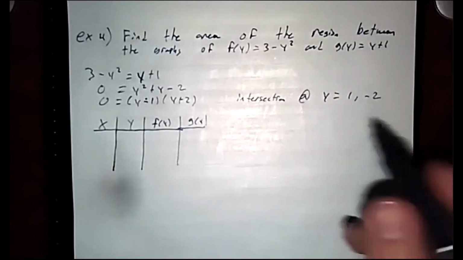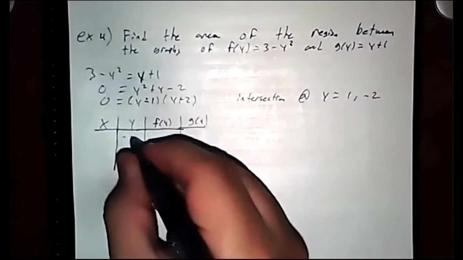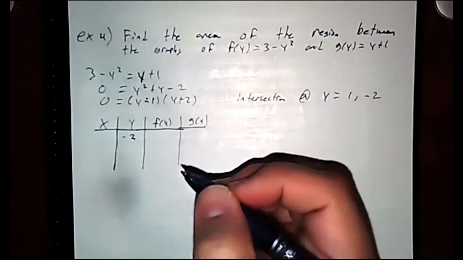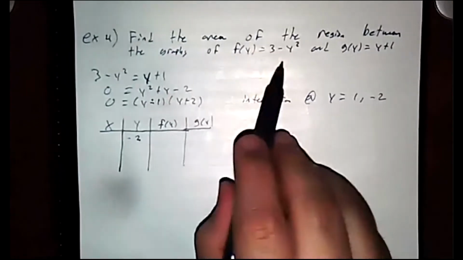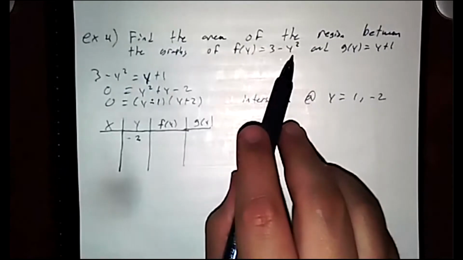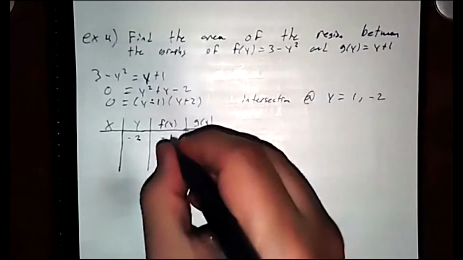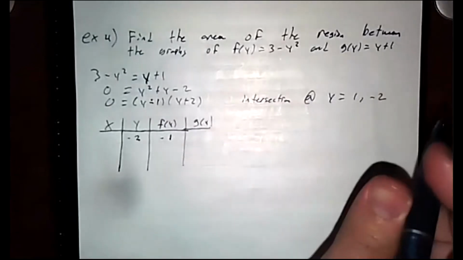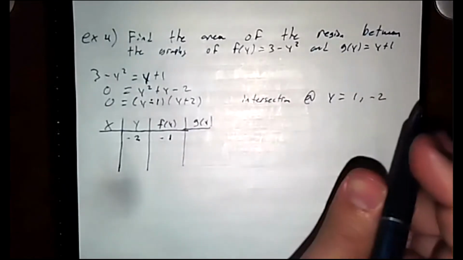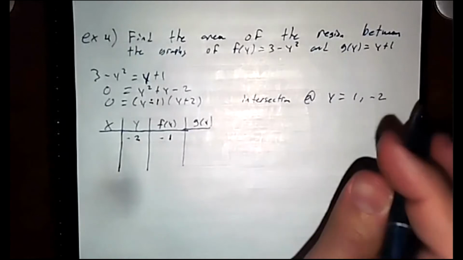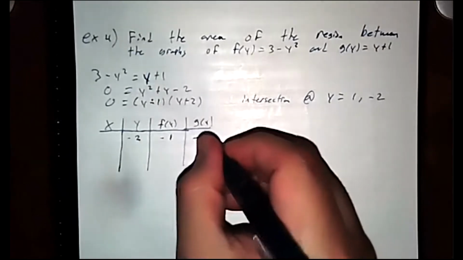All right, let's try the intersection point, negative 2. If I plug that into the parabola, that'd be 3 minus 4. So that would be negative 1, right? If I plug it into the line, negative 2 plus 1 is negative 1. So they should be the same.